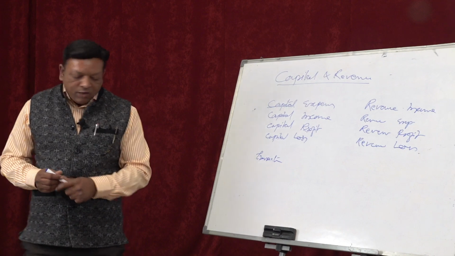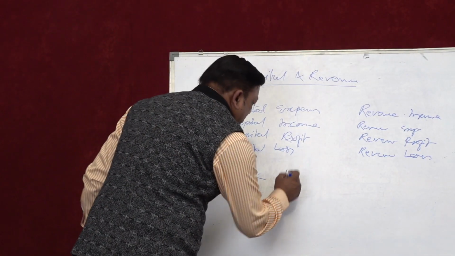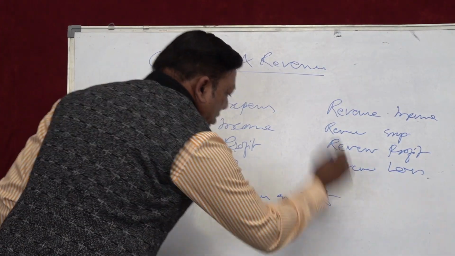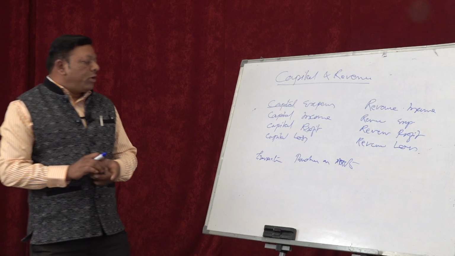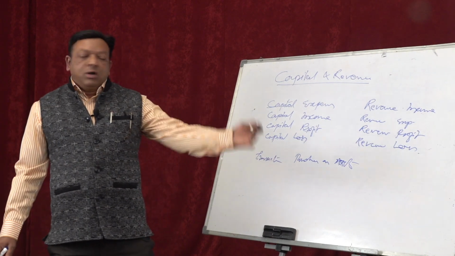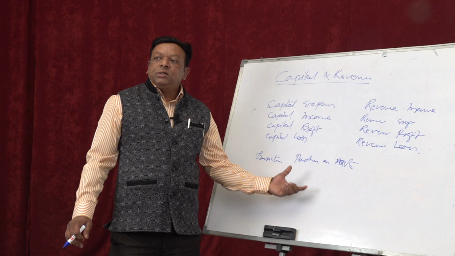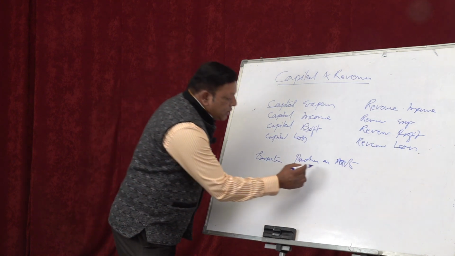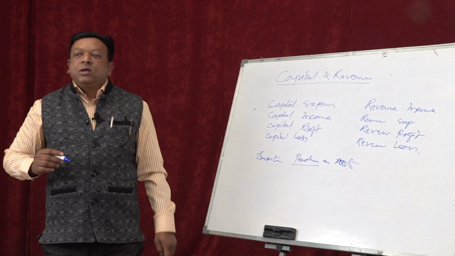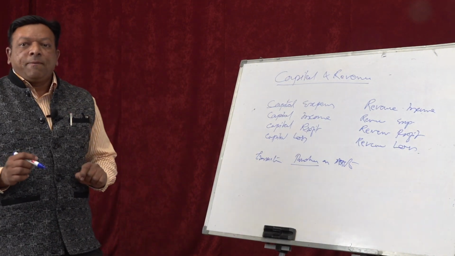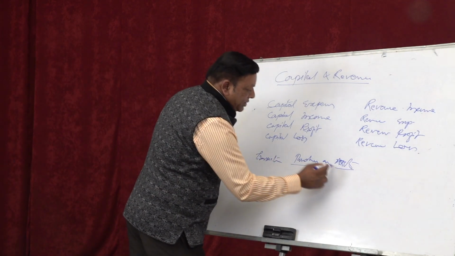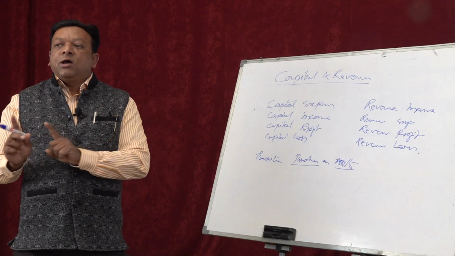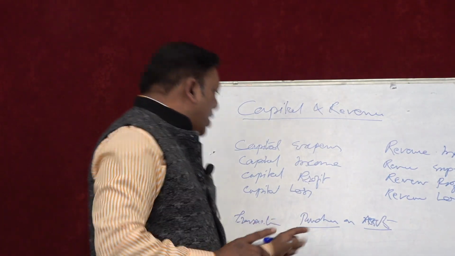Say for example, if you purchase an asset, normally we debit the assets. But if we use the word purchase, which is for material, and instead of debiting the assets we debit the purchase account, it is an error in the accounting records.